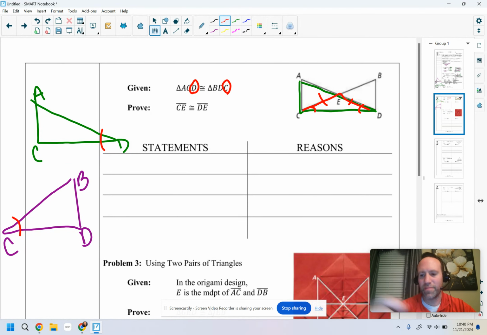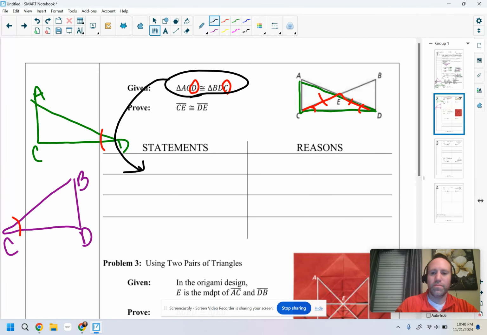So basically, not too long of a proof. We're given the triangles are congruent. We know that angle ACD is going to be congruent to angle BDC.